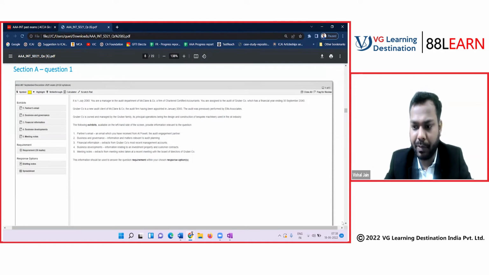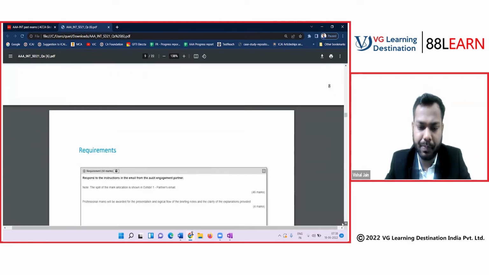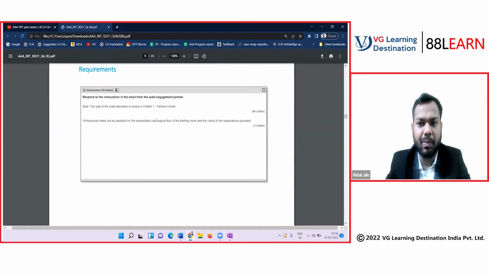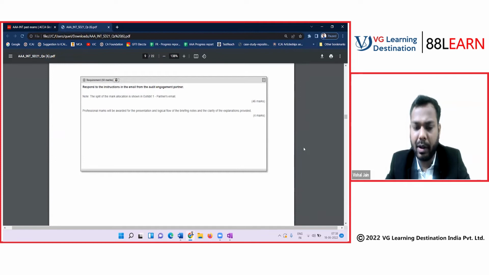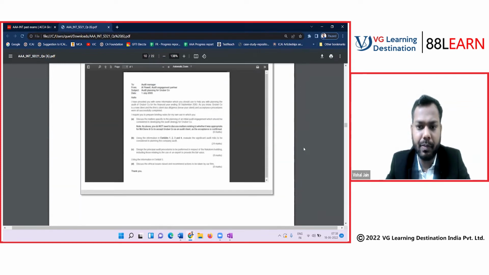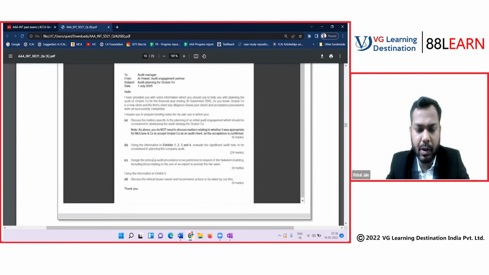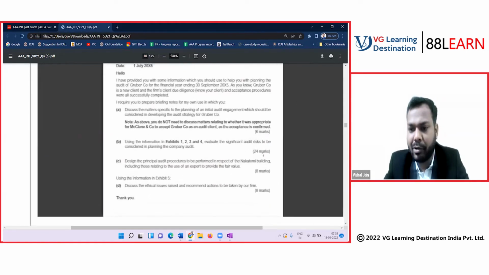Let's see the requirements of the question. See, the split is 46 marks and 4 professional marks. Again, we'll come to the question as well. The question which is asked: 6 plus 24, 30, 30 plus 8, 38, 38 plus 8 is 46. So 46 marks is for which you have to write the answer, and 4 is the professional marks for which you don't need to write the answer, but on the basis of how you write these answers, you will get the 4 professional marks. Now, what has happened from now?